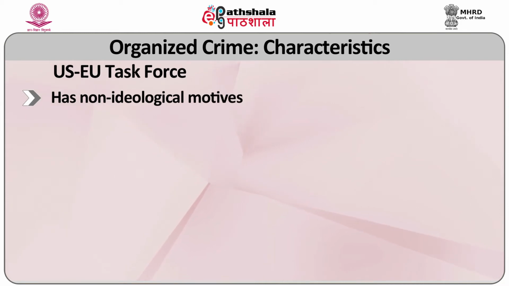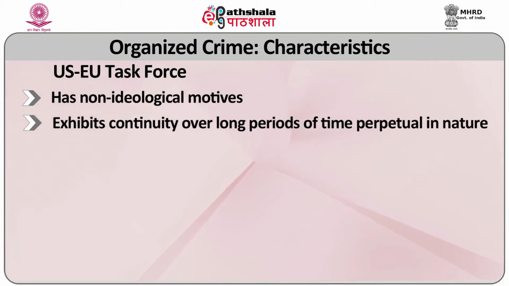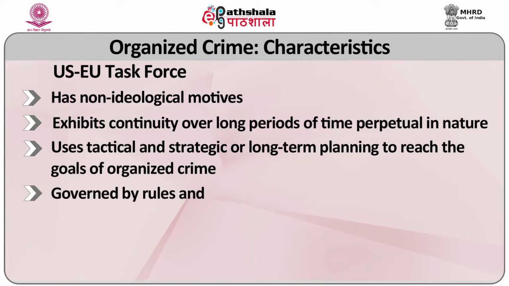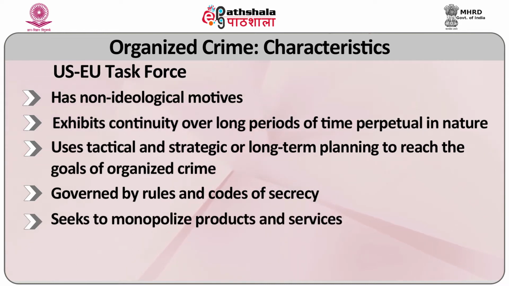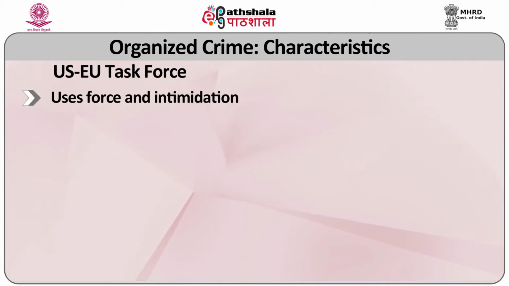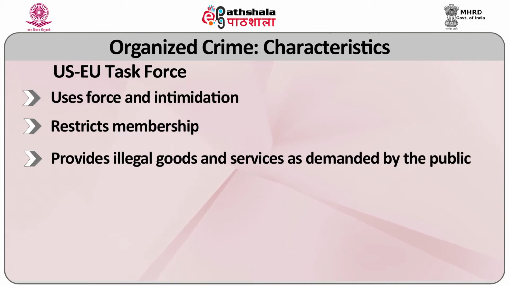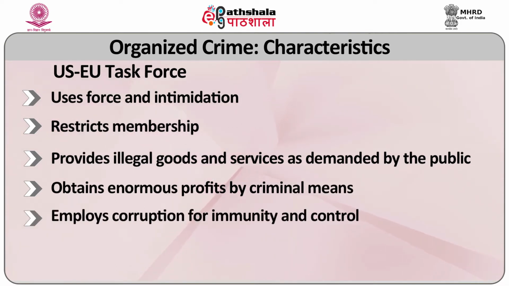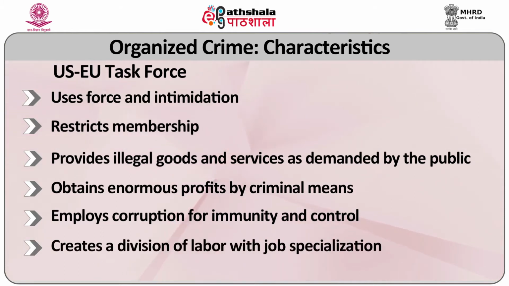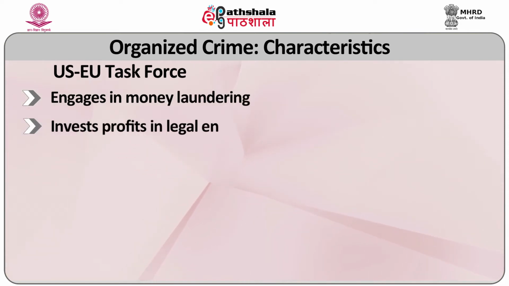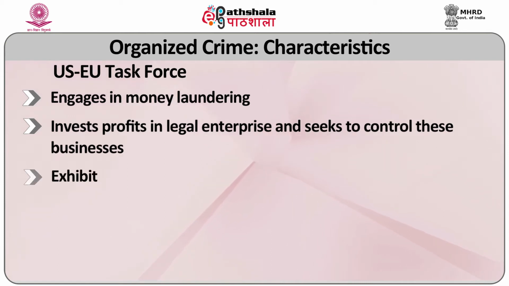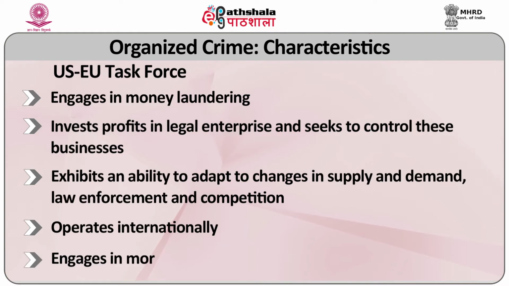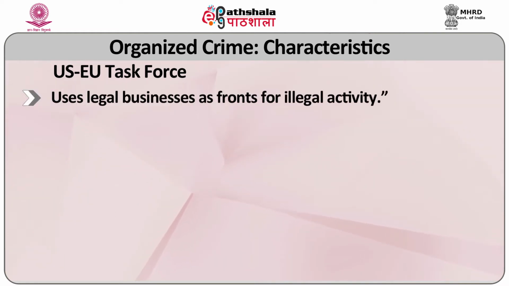Has non-ideological motives, exhibits continuity over a long period of time, perpetual in nature, uses tactical and strategic or long-term planning to reach the goal of organized crime, governed by rules and codes of secrecy, seeks to monopolize products and services, has an organized hierarchy, uses force and intimidation, restricts membership, provides illegal goods and services as demanded by the public, obtains enormous profit from criminal means, employs corruption for immunity and control, creates a division of labor with job specialization, engages in money laundering, invests profits in legal enterprises and seeks to control these businesses, exhibits an ability to adapt to changes in supply and demand, law enforcement and competition, operates internationally, engages in more than one illicit activity, uses legal businesses as fronts for illegal activity.